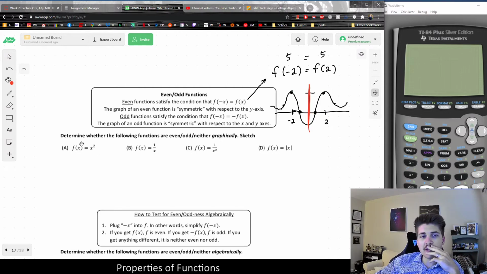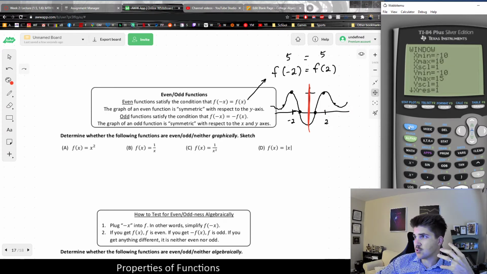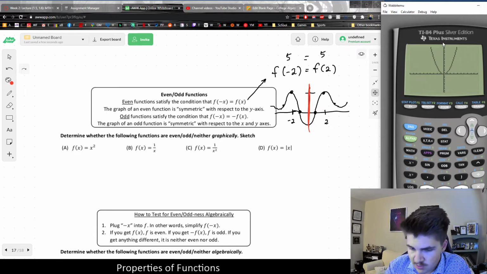But let's say we were looking at the graph of a function, say f of x is equal to x squared. Now you might remember what that looks like because it's a very basic square function, and all quadratics or degree 2 polynomial functions always look like parabolas. And we're going to talk a lot about that next week. I could always stick it in my graph to see, but when I'm looking at that, I can see f of x squared is the same on both the left-hand side and the right-hand side.